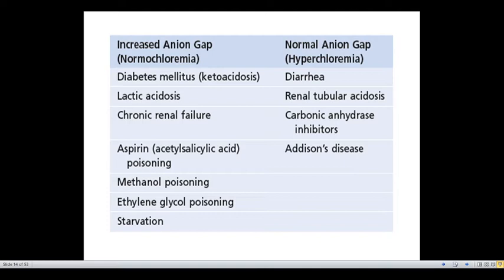Let's have a look at the causes of increased or normal anion gap.